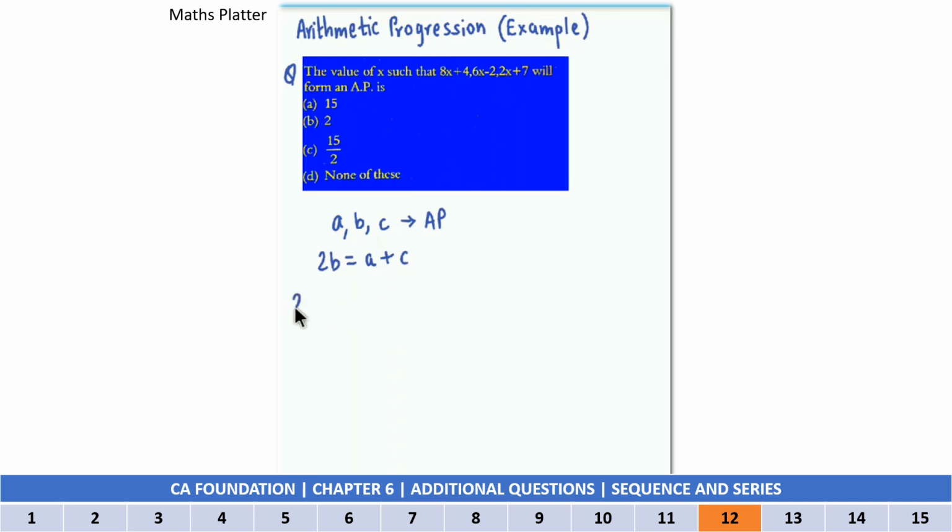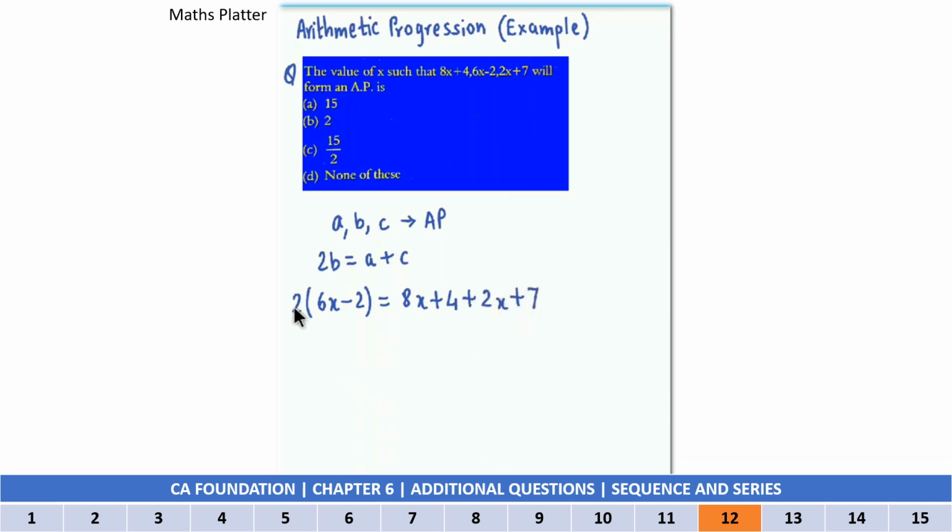So we obtain 2 times B, B that is the middle term. So 2 times 6x minus 2 is equal to A plus C, that is the first term, 8x plus 4, plus C, that is the third term, 2x plus 7.